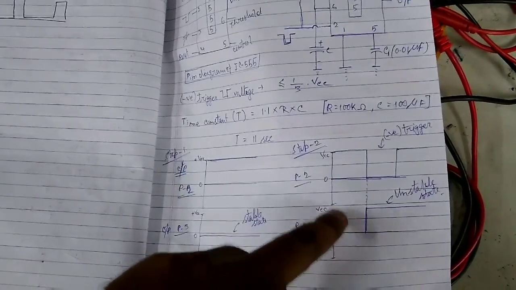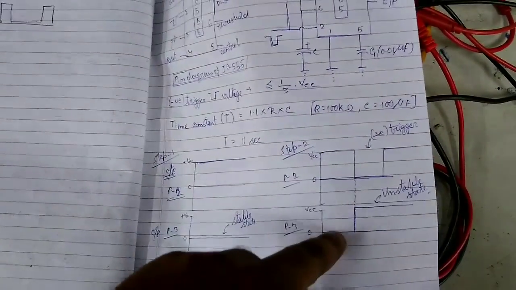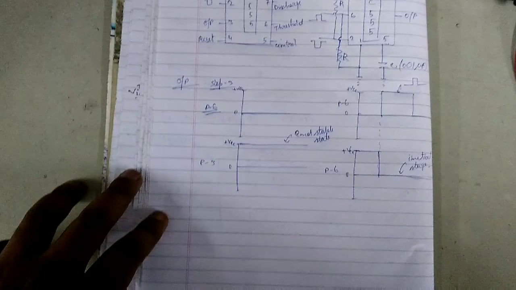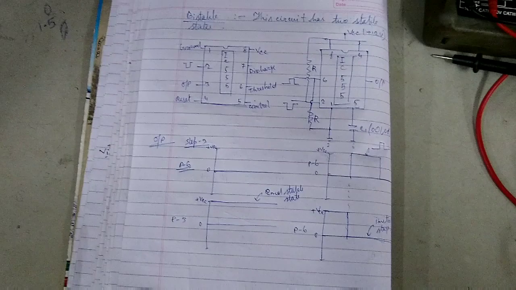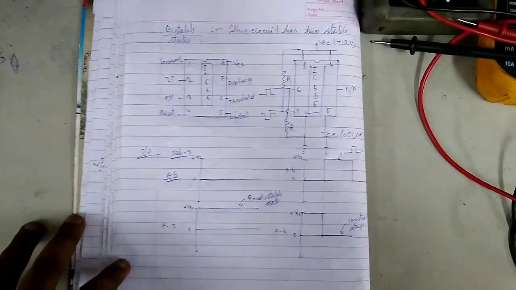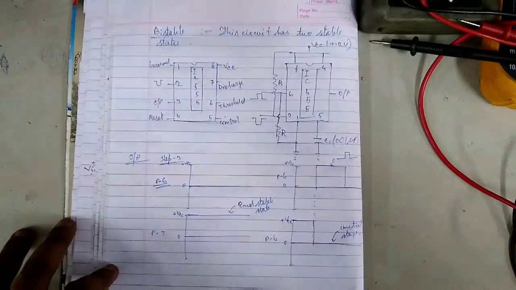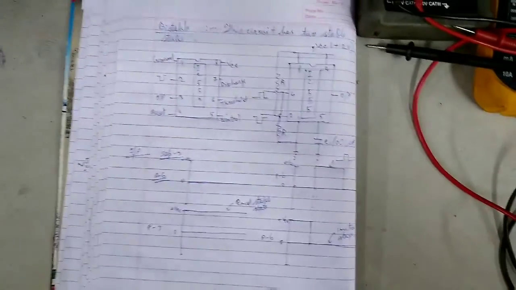When the last step was when we are applying negative trigger, here the output is high, and here in step 3, see, this is the last multivibrator circuit, that is bistable multivibrator.